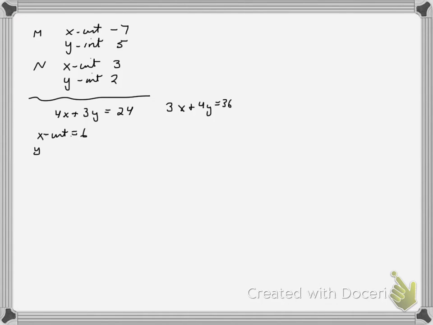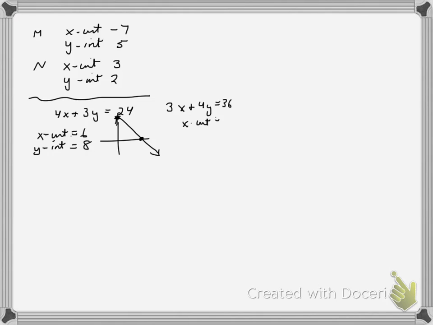The y-intercept, I'm only interested in the y above, so divide by 3 equals 8. Graph it, go over in the x-axis to 6, and on the y-axis higher. And of course I'm just demonstrating, I'm not really doing this in graph paper or anything, but I think you get the idea.